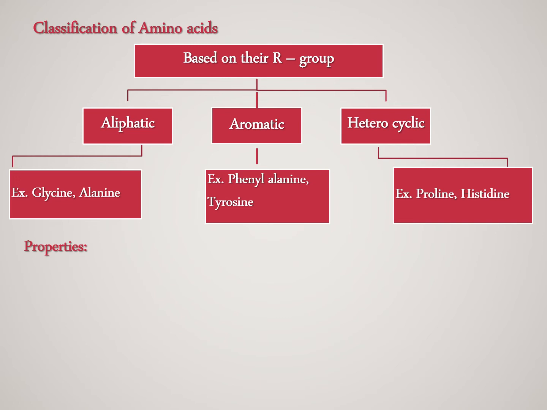Aliphatic amino acid means there should be an open chain structure. Some examples are glycine, alanine, etc. Aromatic amino acids are the amino acids which contain essentially a benzene ring or an aromatic ring. Example, phenylalanine, tyrosine, etc.